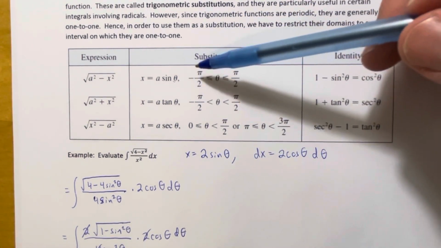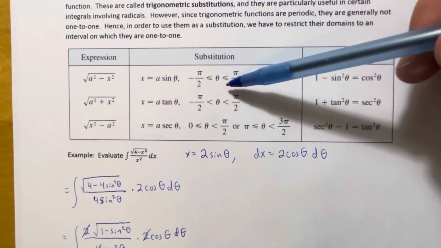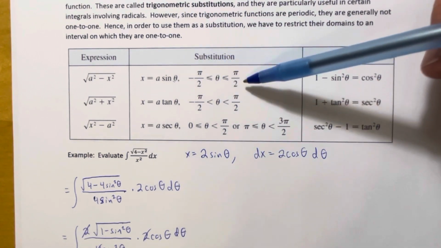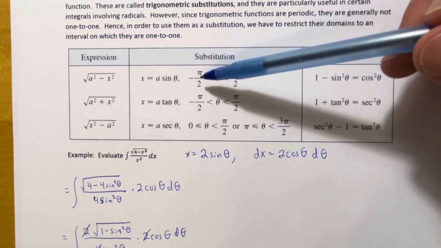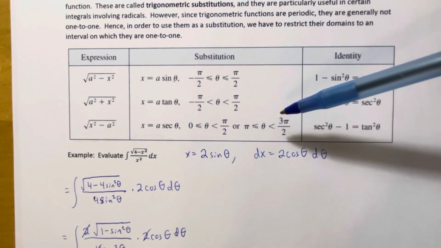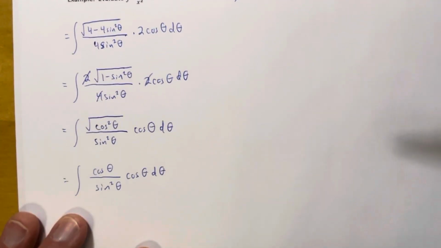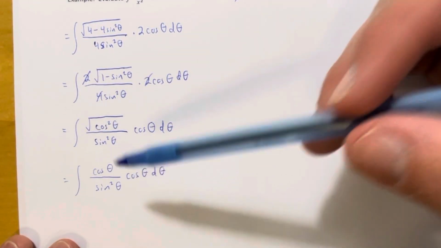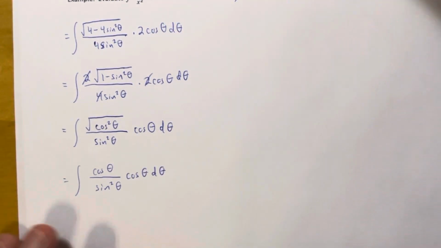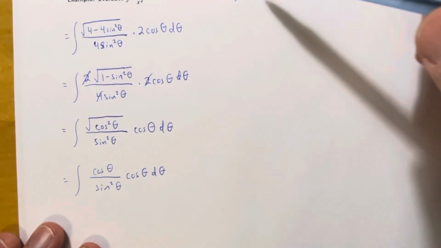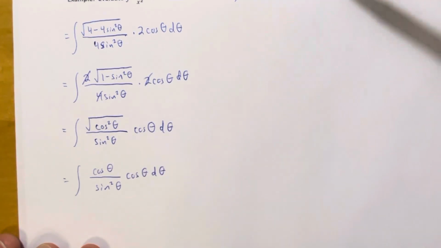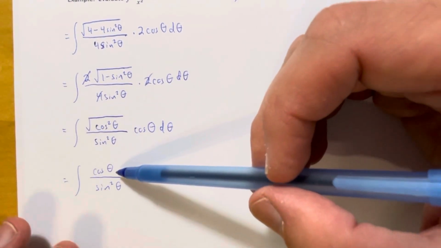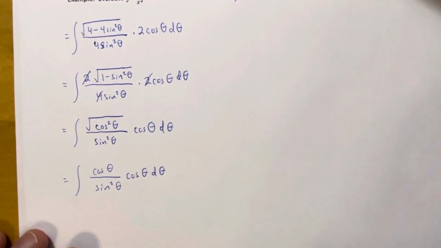And we said in the background, we're assuming that theta is between negative pi over 2 and pi over 2. Remember, that's like the fourth and first quadrants of the unit circle. Well, the cosine function is positive, or 0, throughout both of those quadrants, throughout that entire interval. So that's where we get this convenient fact that we don't need absolute values here. It's already going to be non-negative.